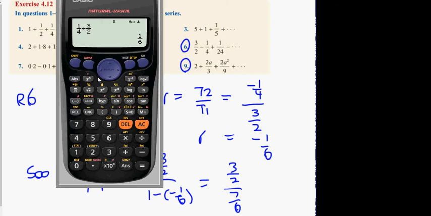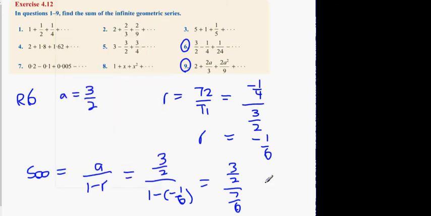So then we do 3 halves divided by 7 over 6, and what we get there is 9 over 7. So the limit of this one is 9 over 7, the limit of the series.